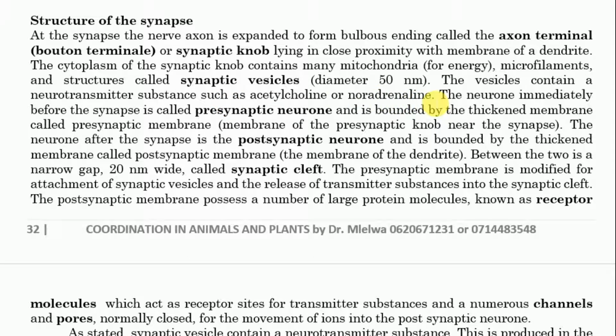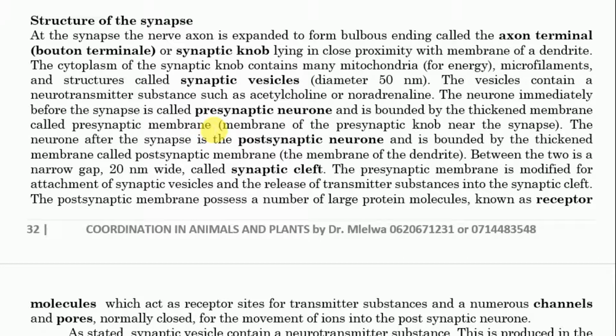But for this case, and even for the mechanism of transmission of the nerve impulse through the synapse, we'll be discussing by using acetylcholine as the sample neurotransmitter. So the neuron immediately before the synapse is called the presynaptic neuron and is bounded by the thickened membrane called the presynaptic membrane.